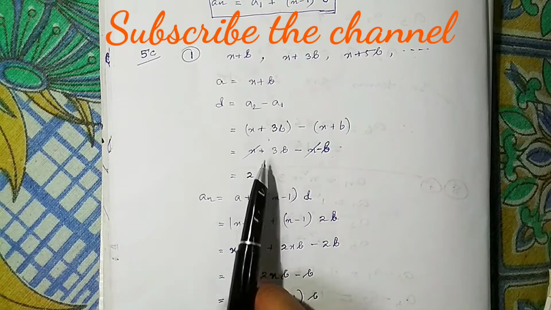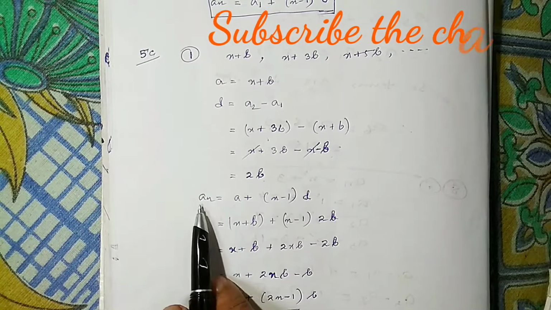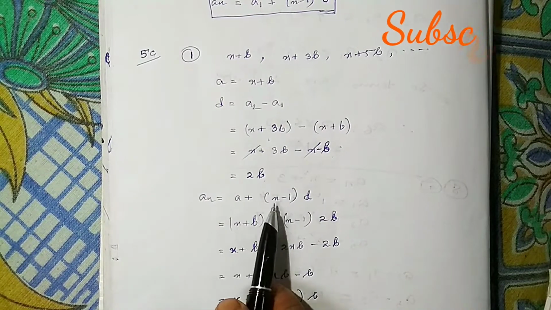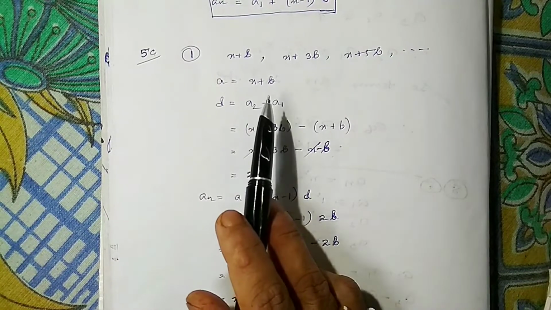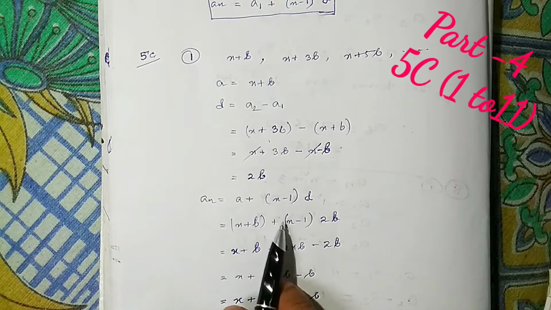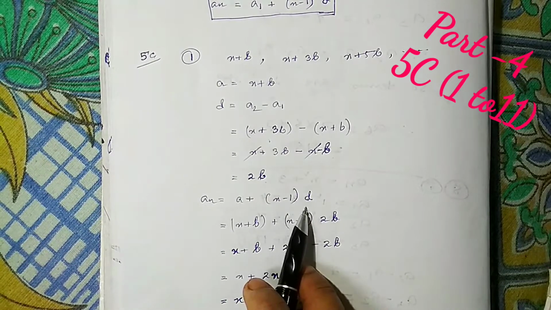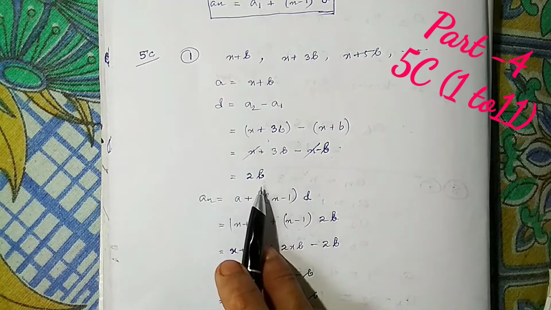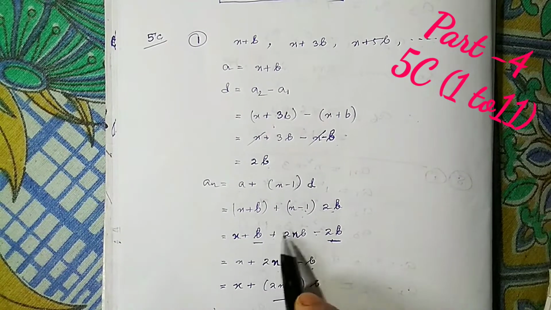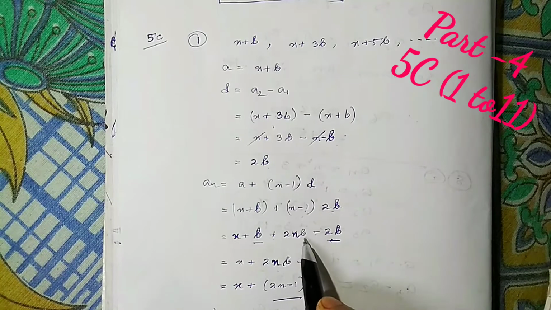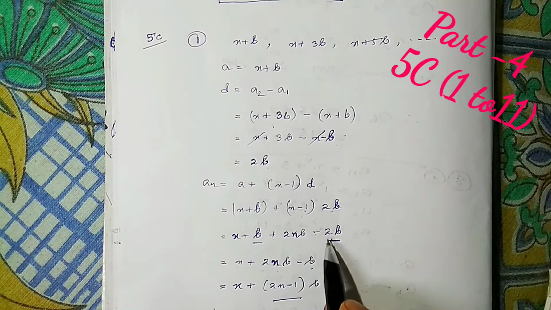If I know these two, then we can use the term formula. Nth term is A plus n minus 1 into D. What is A here? A is x plus b, plus n minus 1. And what is D, the common difference? Twice b. I have written twice b here. So here x plus b plus 2b into n, 2nb, minus twice b.